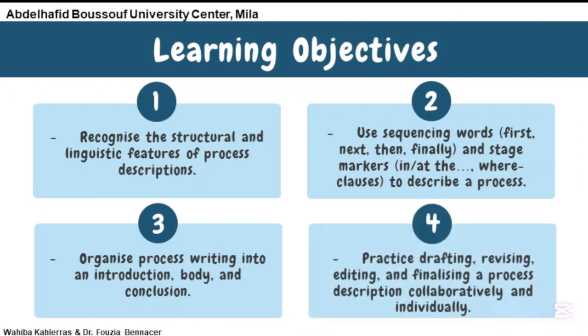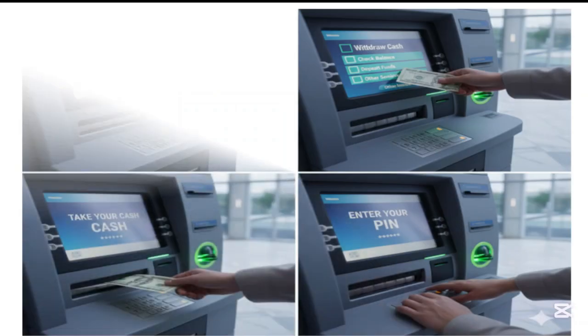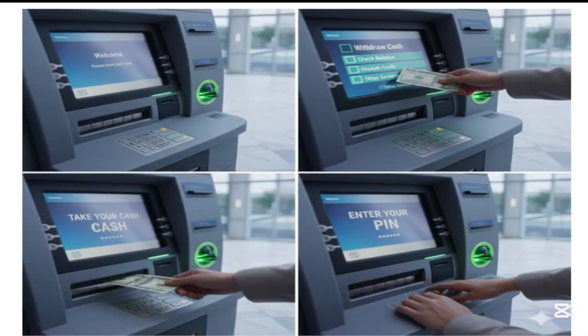By the end, you're going to be able to practice drafting, revising, editing, and finalizing a process description paragraph in groups and individually. Let's take an example of a process.